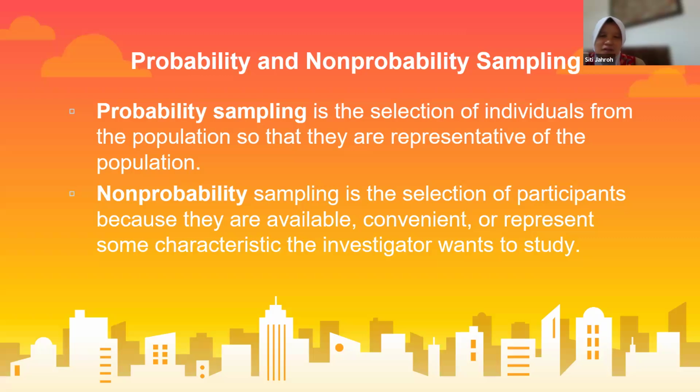Okay, thank you. Probability sampling is the selection of individuals from a population. If you would like to conduct probability sampling, you should have the population. You select from that population as the sample, which will be representative of the population.